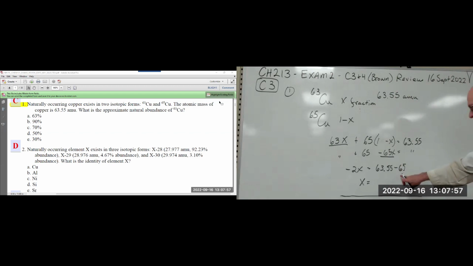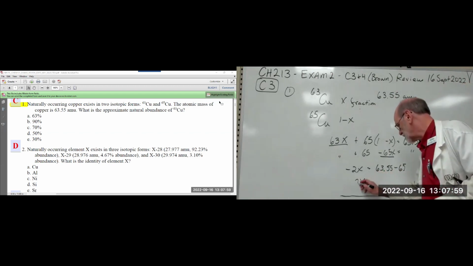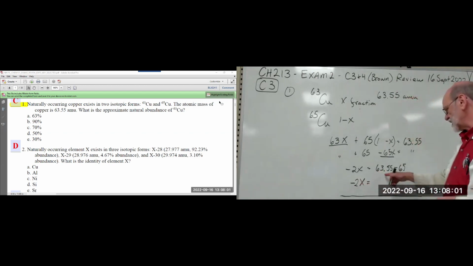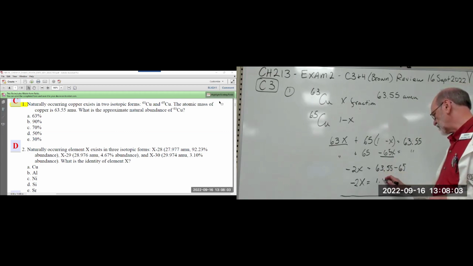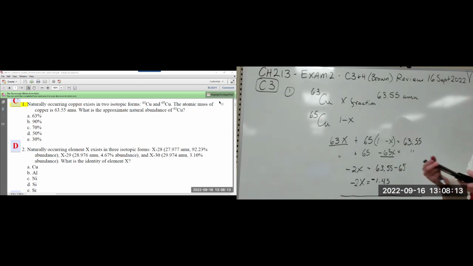So minus 2X is going to be negative 1.45, correct? And then we'll divide negative 1.45 by negative 2. And I get 0.725.